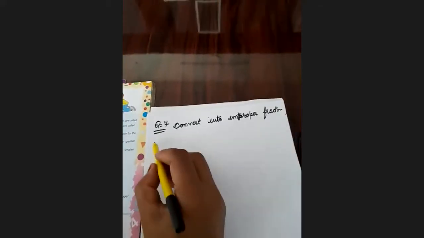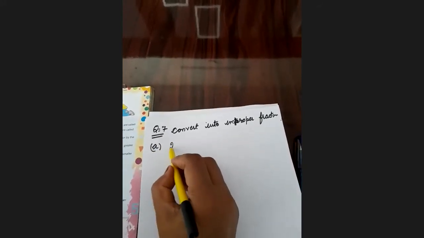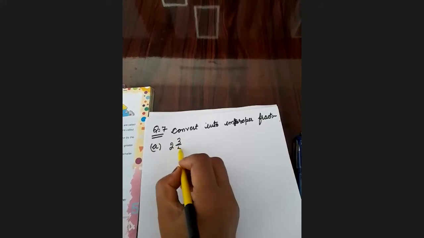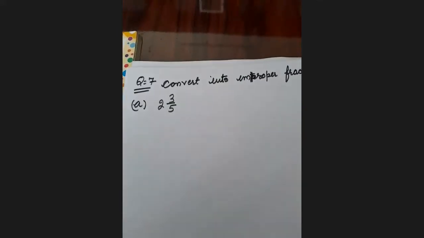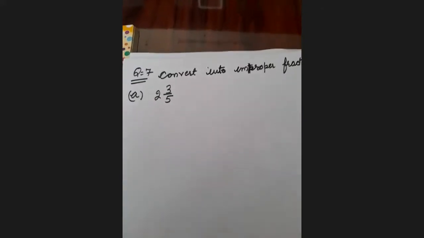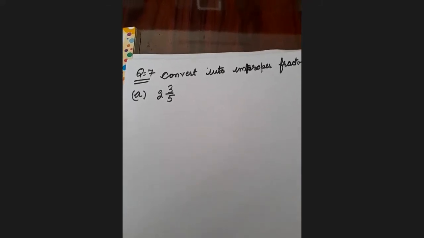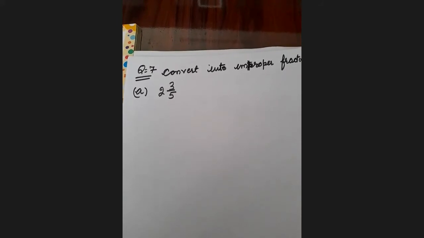Now, seventh question, first part. Our number is 2, 3 upon 5. Now your question is convert into improper fraction. Yes, students, how we can convert this number as an improper fraction?